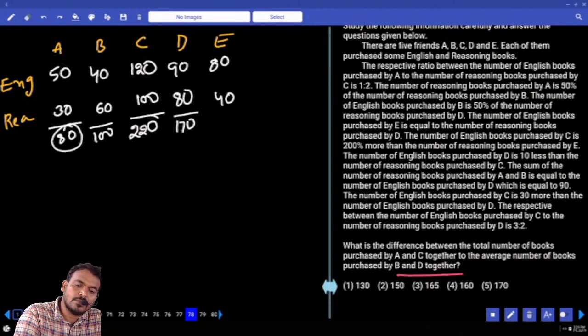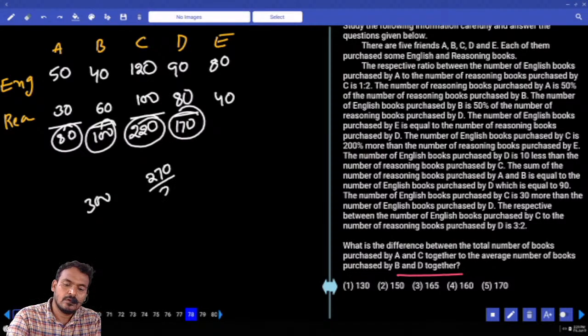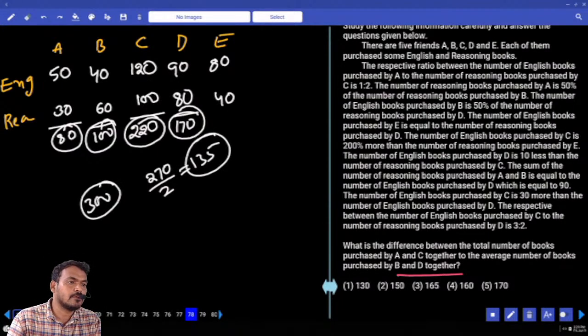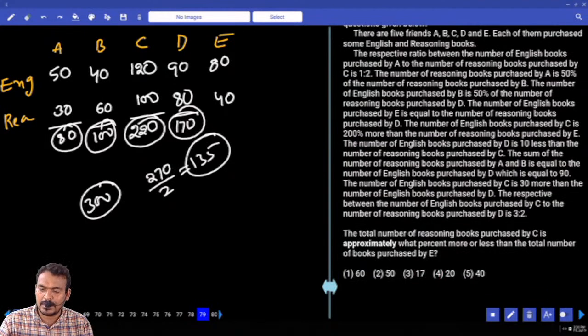First one, sum is how much? 300. Second one, average value of 100 and 170, 270 by 2 means 135. Required difference between 300 and 135. What is the answer? 165.